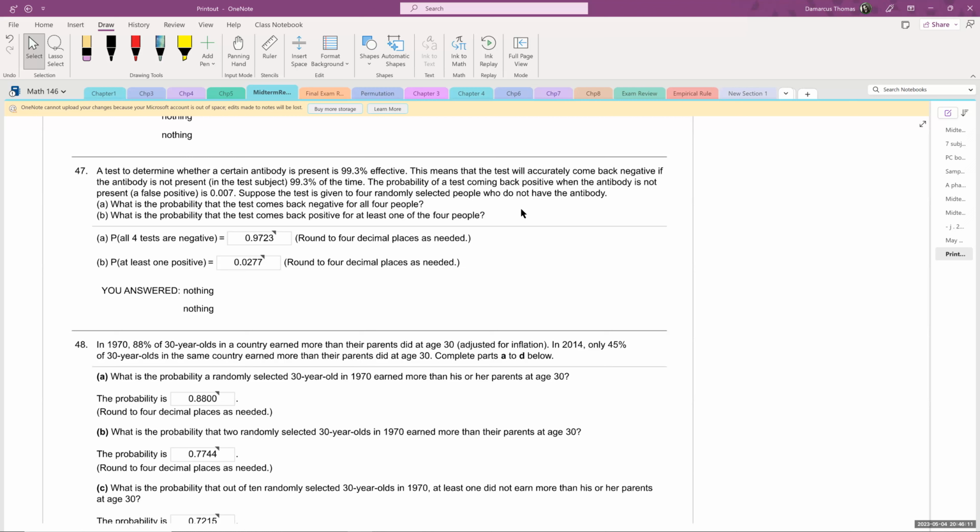So first of all, these guys do not have it, so it's supposed to come back negative. And so the probability that it's going to come up negative for one of them is 0.993. It's 99.3%.